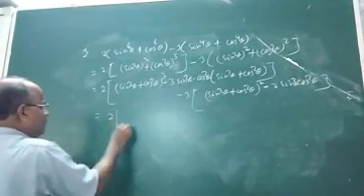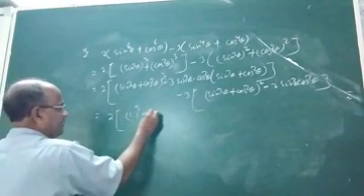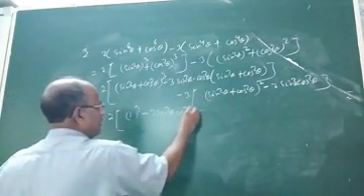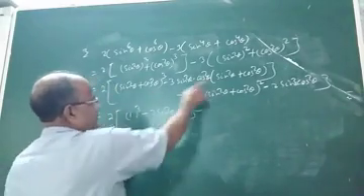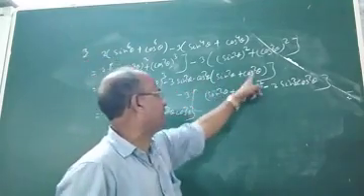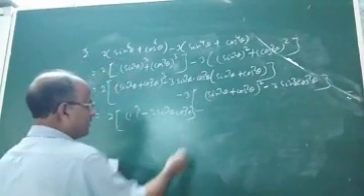Now what is its value? It is 1 cube minus 3 sin^2 theta cos^2 theta, because sin^2 theta plus cos^2 theta is 1, and in place of this if you put 1, it will be simply 3 sin^2 theta cos^2 theta.